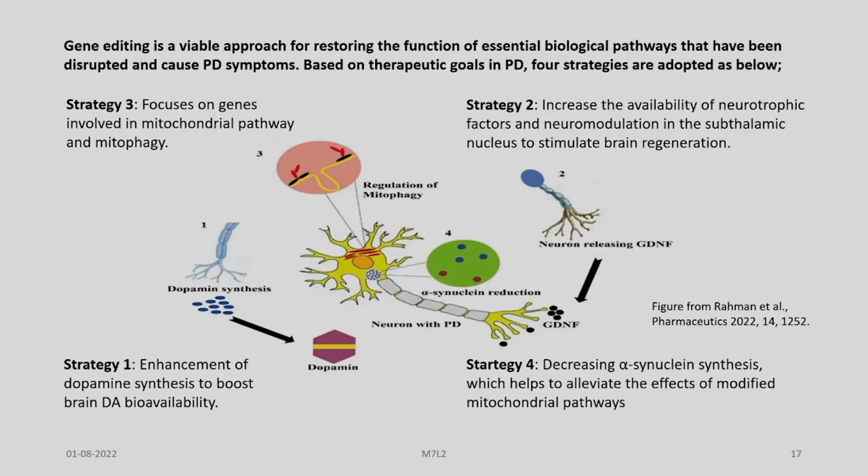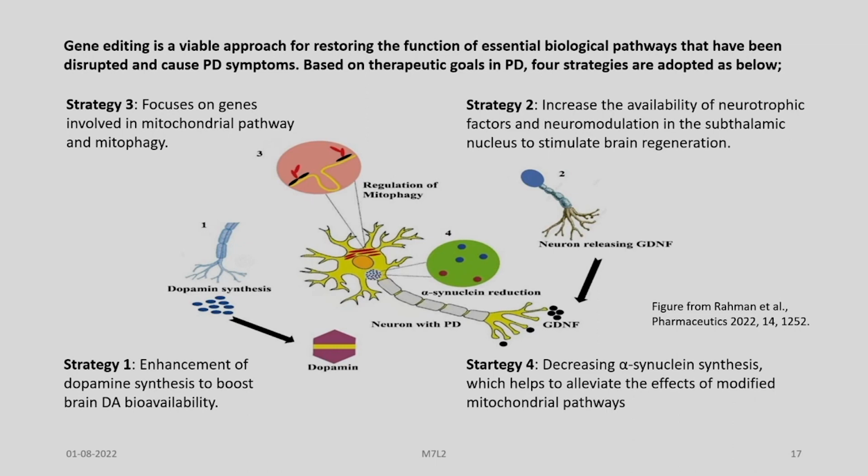So, now we know that gene editing is a viable approach for restoring the function of essential biological pathways that have been disrupted and have resulted in Parkinson's disease symptoms. Based on the therapeutic goals in Parkinson's disease, 4 strategies are adopted as described below.